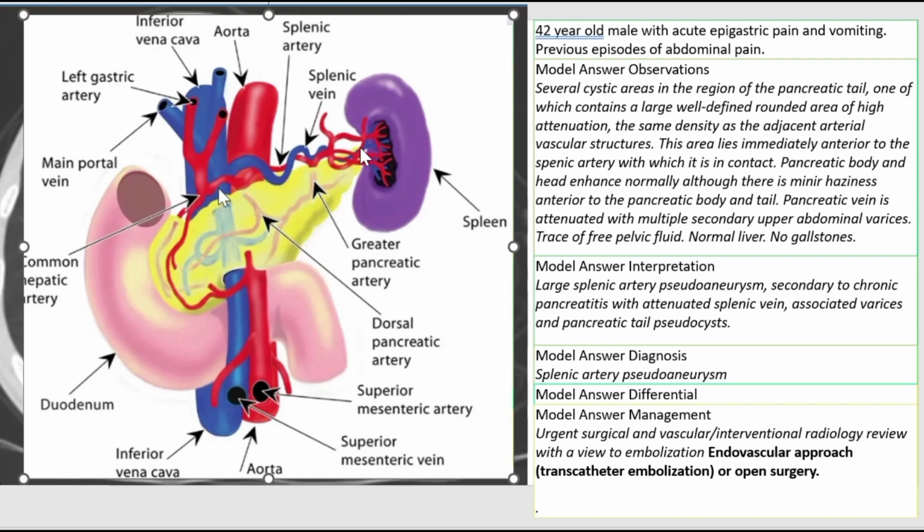The first one is the splenic artery, then the short gastric, then the common hepatic. The common hepatic artery gives the proper hepatic and the gastroduodenal artery. The splenic vein, together with the superior mesenteric vein, will form the main portal vein.